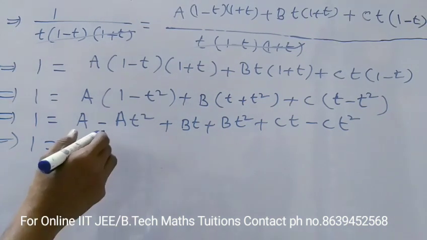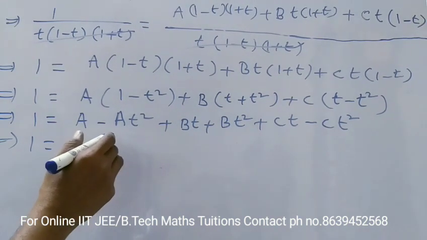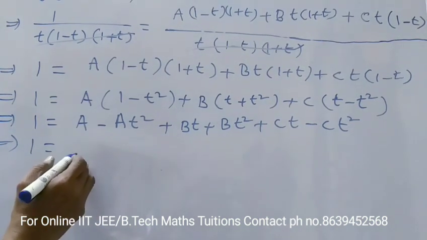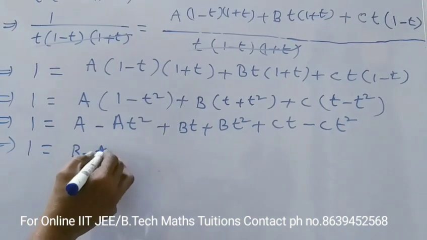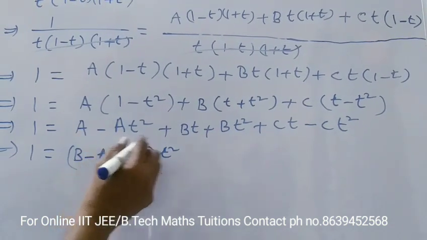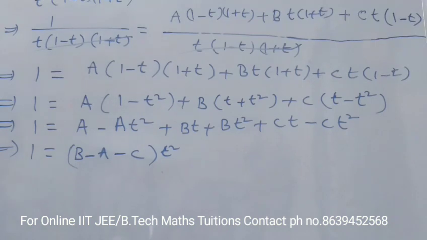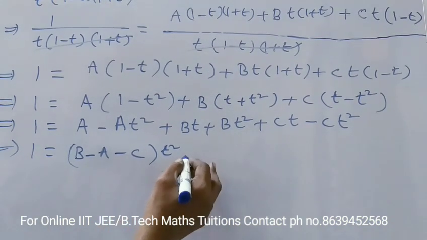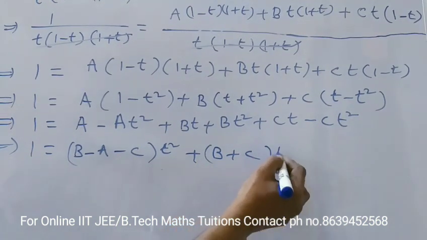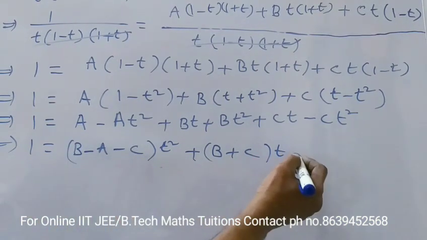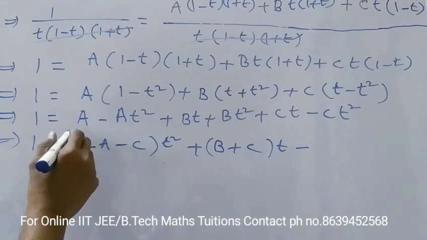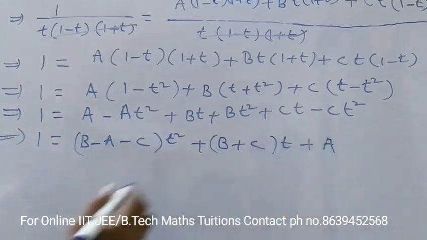After taking the common factors, that is b minus a minus c for t square, because of a t square, b t square, c t square, plus b plus c for the t term, plus the constant term, only a is there.